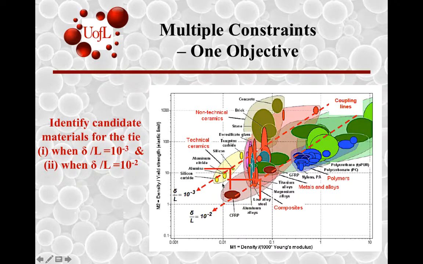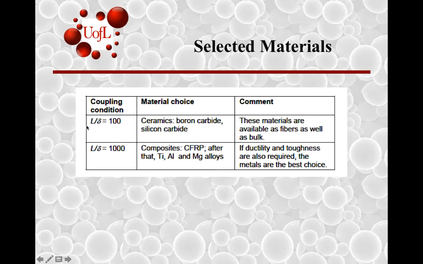So what is the meaning of these recommendations? For one constraint, you would have boron carbide and silicon carbide, and for the second one you would have carbon fiber reinforced plastics, titanium, aluminum, and magnesium alloys. And this is the best choice, really, if you want ductility and toughness.